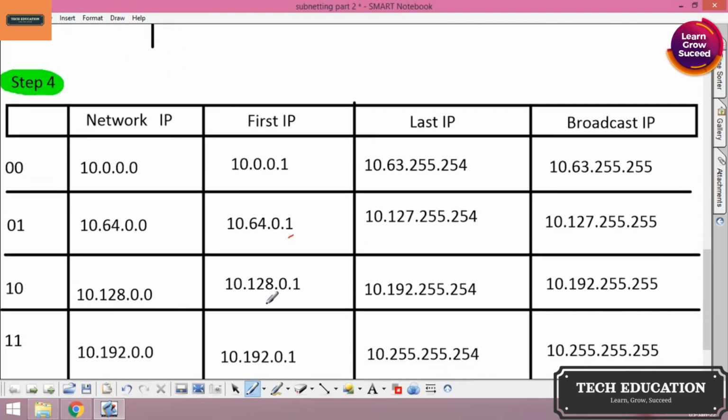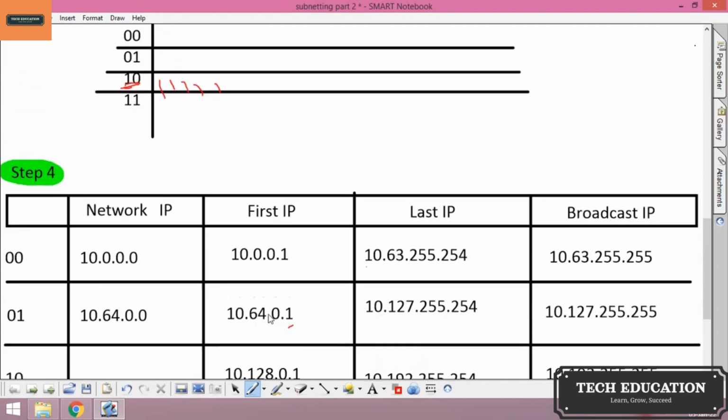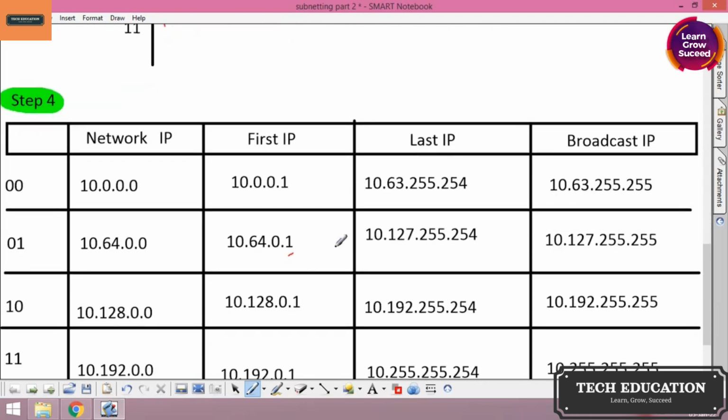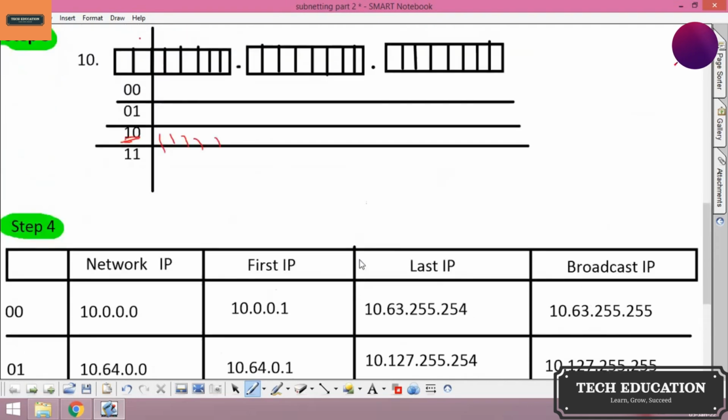255 minus 128, and yes, this side 1 1 1 1, so minus 64. So minus 64 means we can get 190, 191.